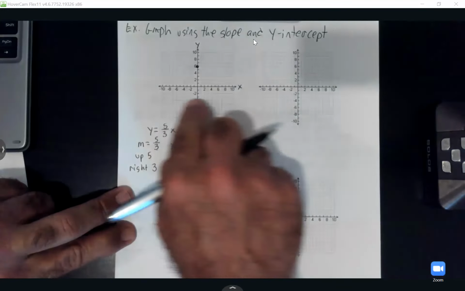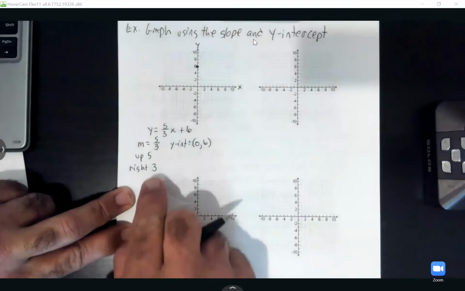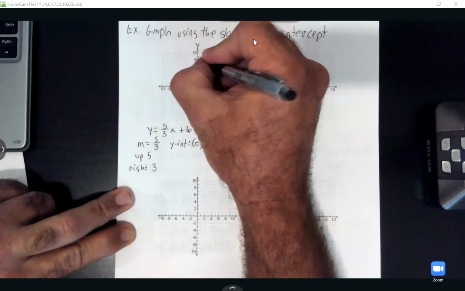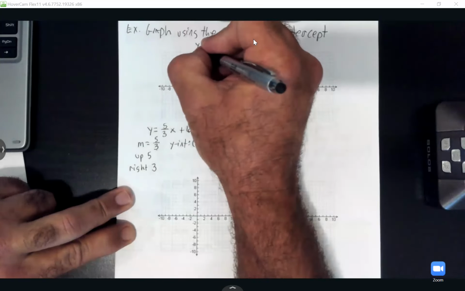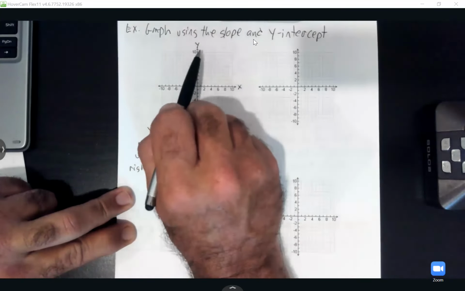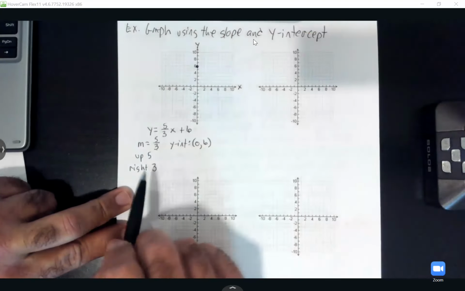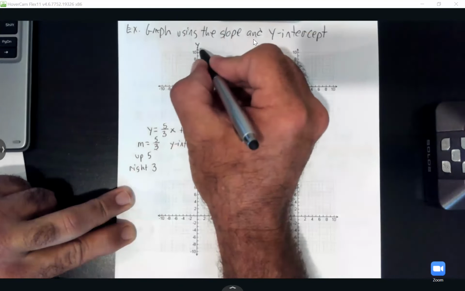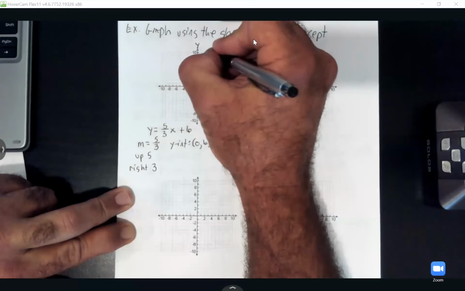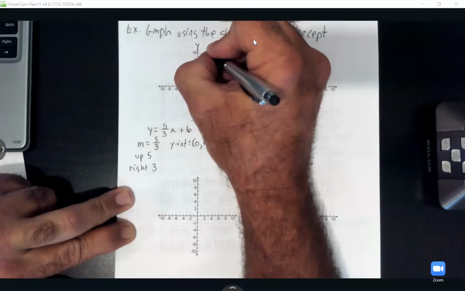So the bottom can only go to the right, okay? So let's start here at 6. We're going up 5. So 1, 2, 3, 4. So I need to go a little bit above my graph here to 5. So I'm at 11 now. Then it says go right 3 from there. So I'll go right 1, 2, 3. So my second point will be where I landed.